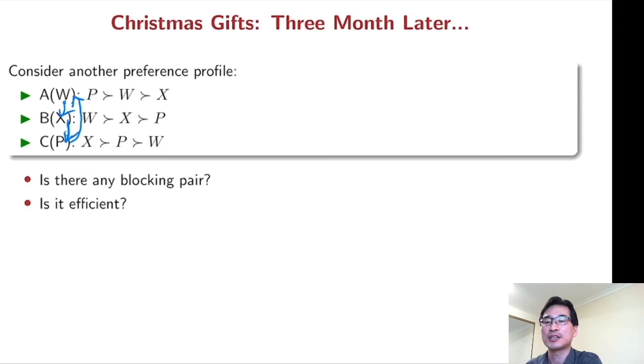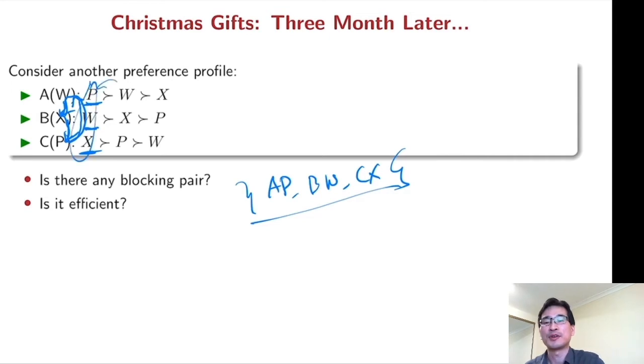So this kind of cycle gives them their most preferred item, right? With this profile, the efficient assignment is AP, BW, and CX. So everyone has been better off, although there is no blocking pair.